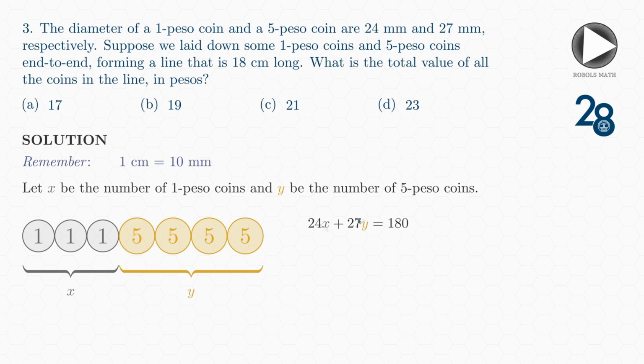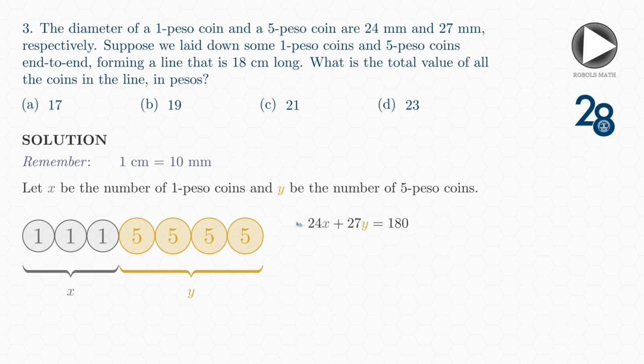But we should note that x and y here should be whole numbers, because we're referring to counts of coins, and there are no negative number of coins, nor is there a fractional number of coins. So we will use that condition to identify which of the values of x and y that satisfy this equation are also whole numbers.